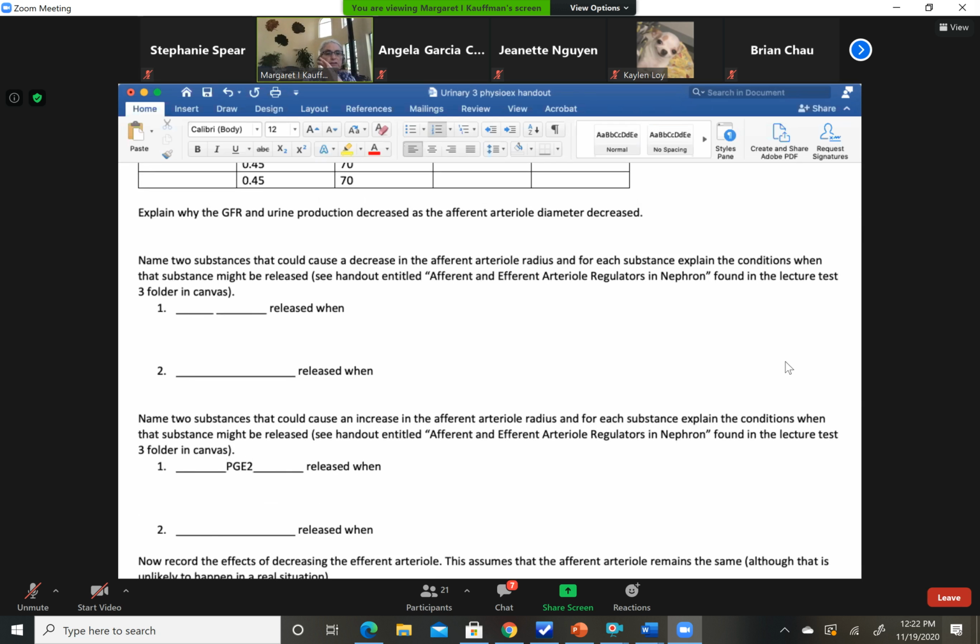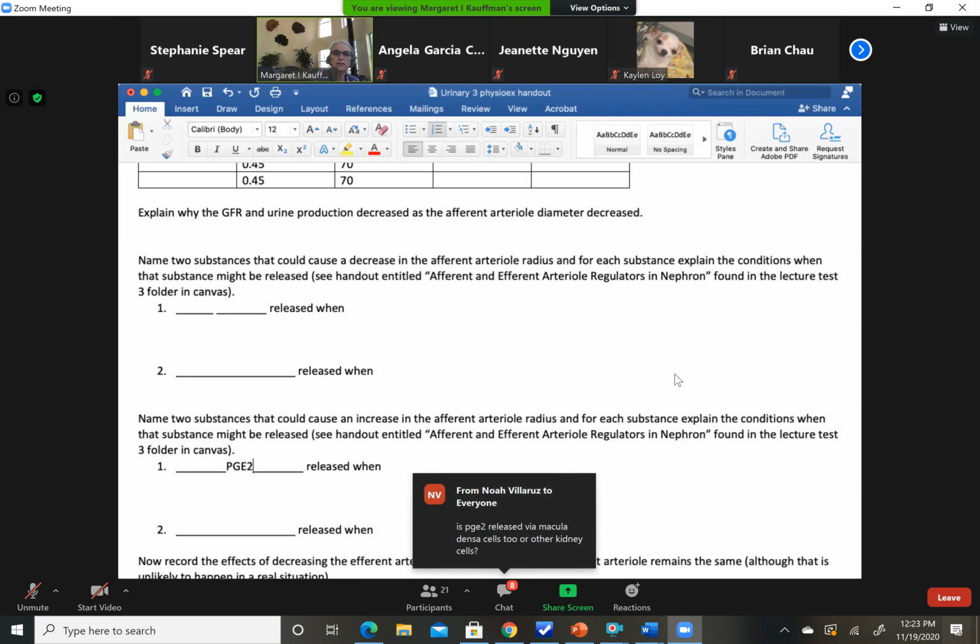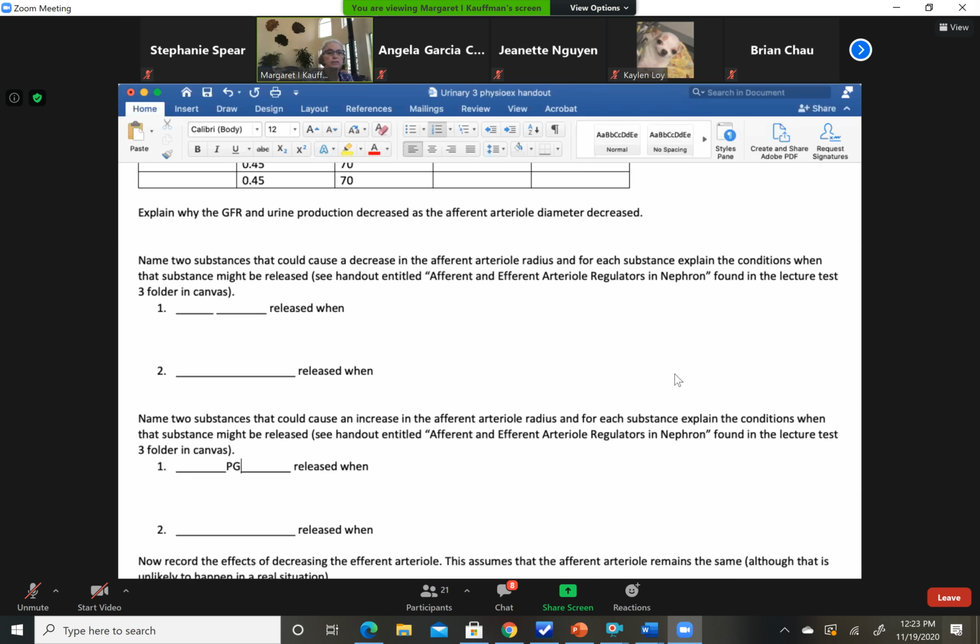And this is released when the kidney's kind of trying to save itself because so much vasoconstriction has happened so strongly that too little blood is entering the tissues of the kidney. It is released by the macula densa, as far as I know.